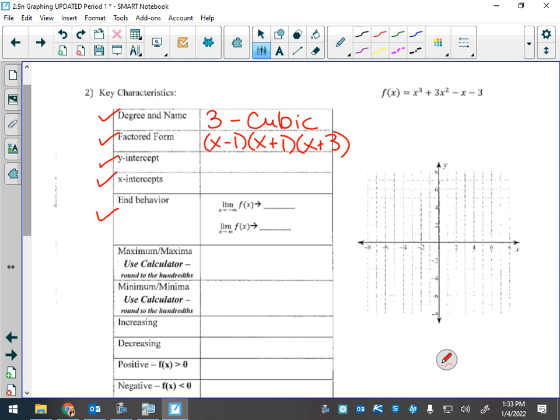Remember that when you split the middle, okay, x squared minus 1, x plus 3, you have the difference of two squares there. So it could keep going. Okay. What is my y-intercept? Addison. 0, -3. What are my x-intercepts?